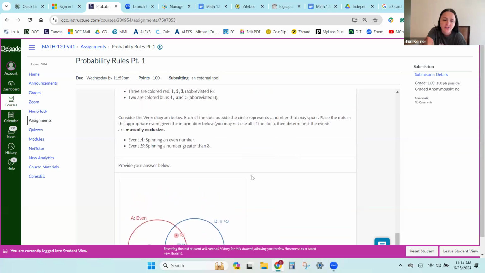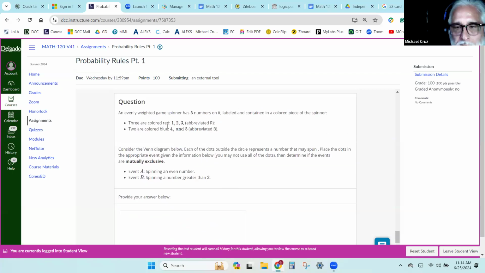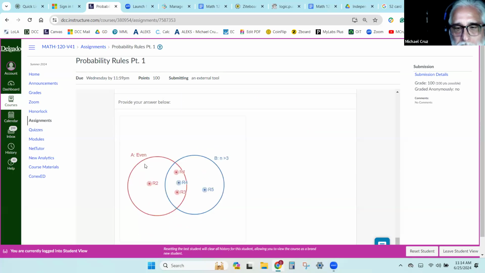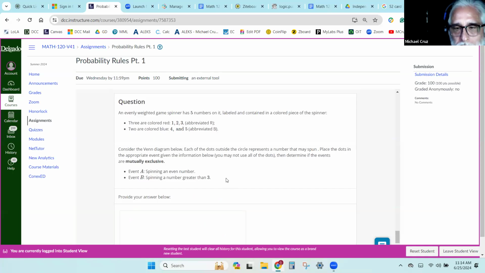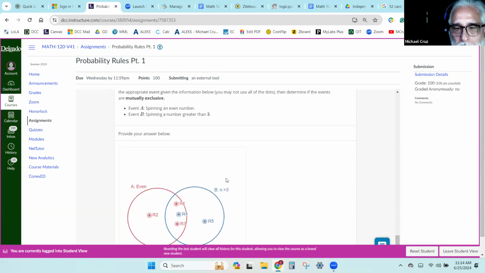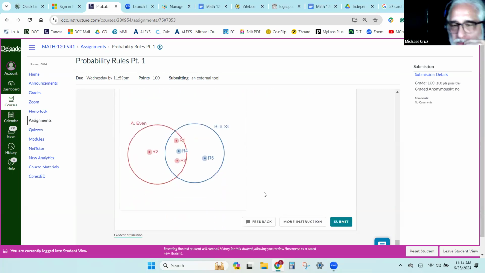And they share 2 and 4, but they're not even. So they can't go over here and they can't go over here. Oh, I see what you're saying. It'd be greater than 3. This one's annoying.